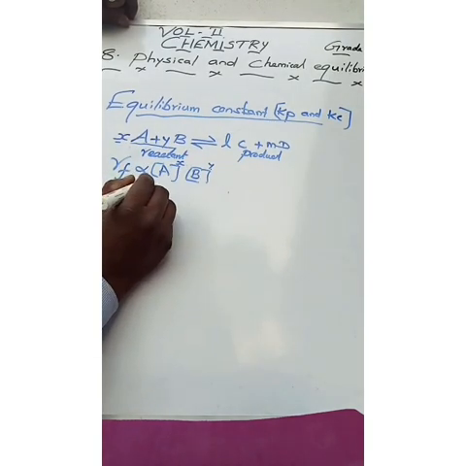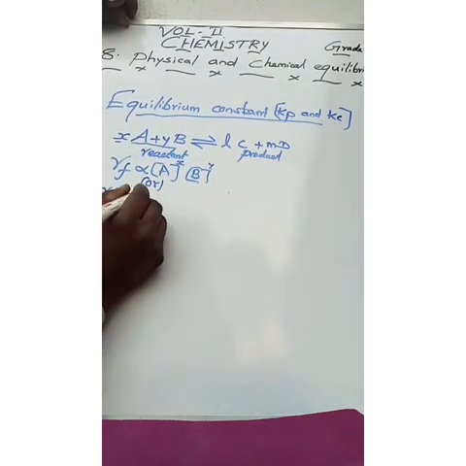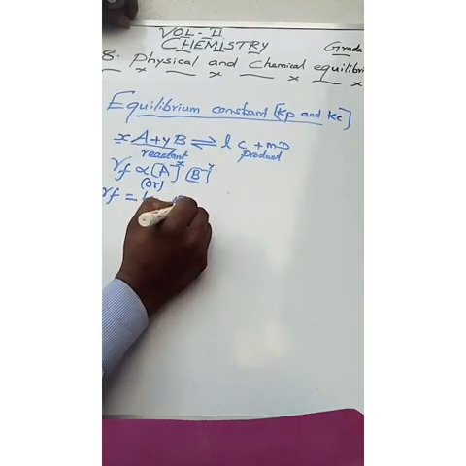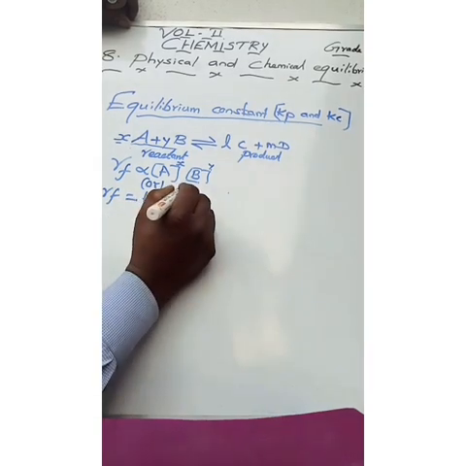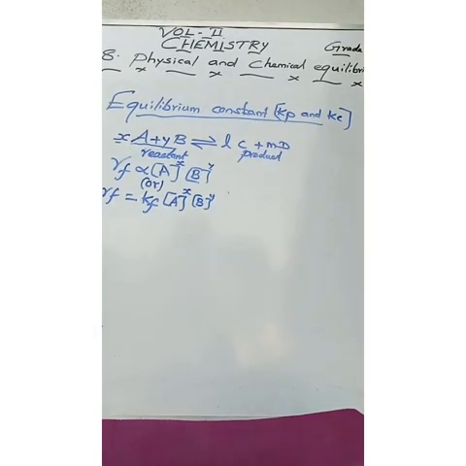Next, Rf is equal to Kf, active mass of A power x and active mass of B power y. Here, Kf is called the proportionality constant. This is for the forward reaction. Try to learn this equation.